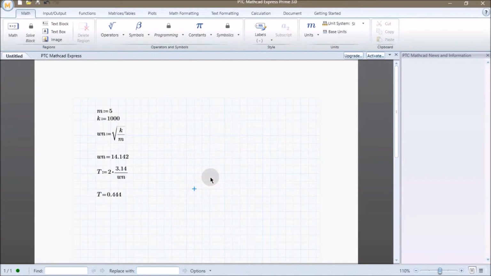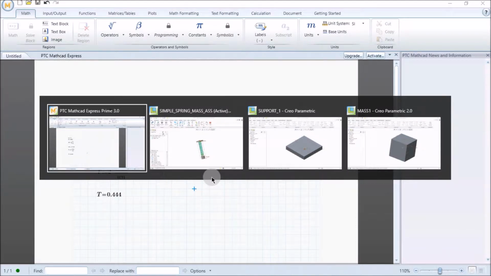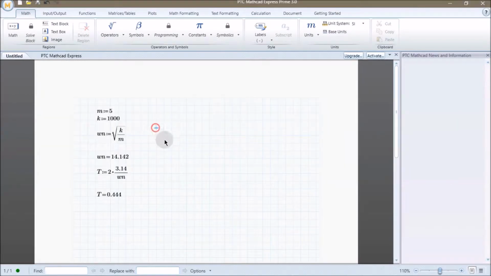Now this is the time period, and next we find the static deflection. For that we have to use the static deflection equation. Let's say d is equal to the weight, which is mass into 9.81, divided by the spring constant k.